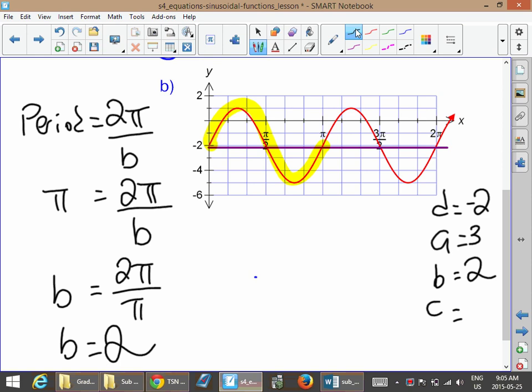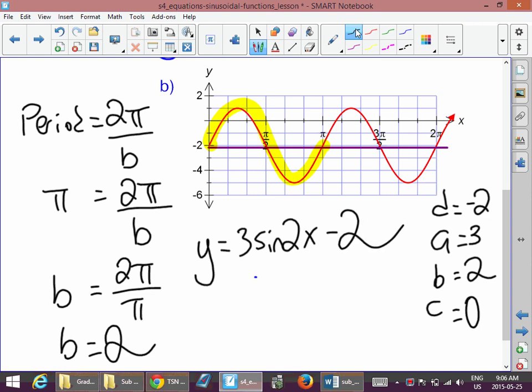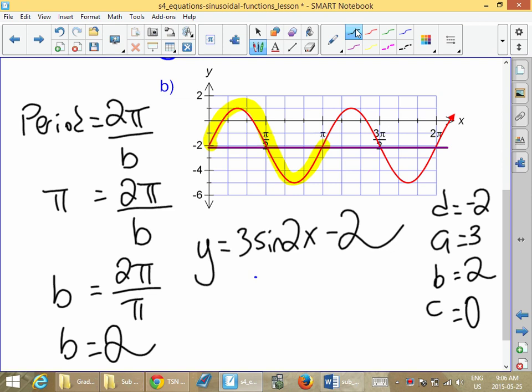That's how sine should start. So C is 0 here. So the equation is in the form y equals A, which is 3, sine of 2x, and then there's no C value. So the equation of that periodic function is y equals 3 sine 2x, with D of -2.